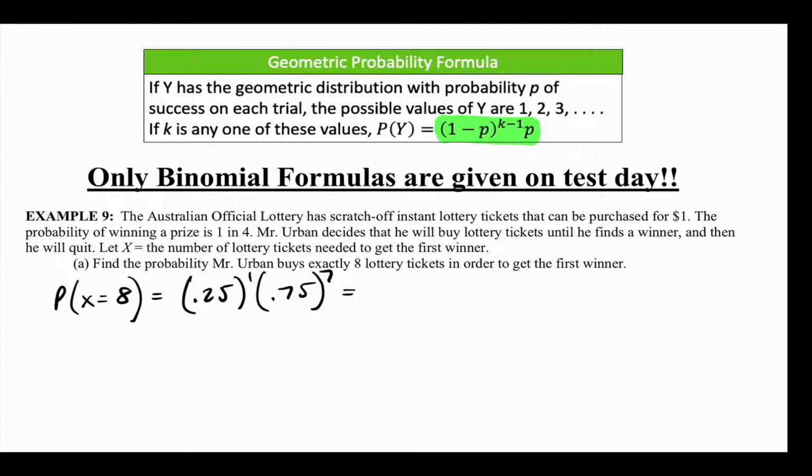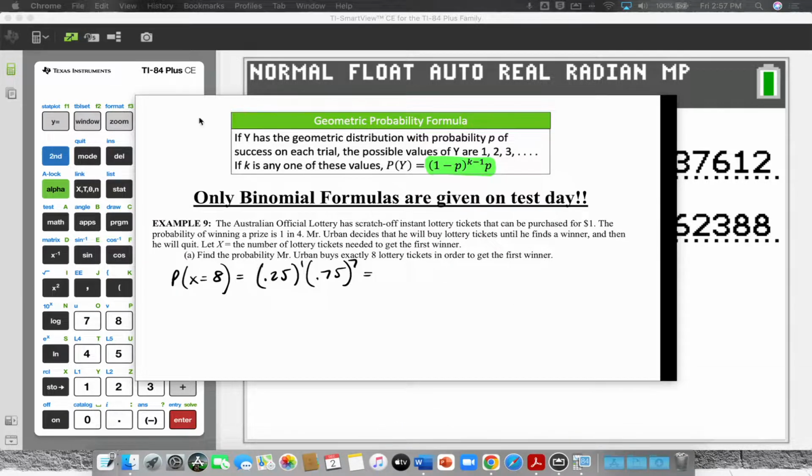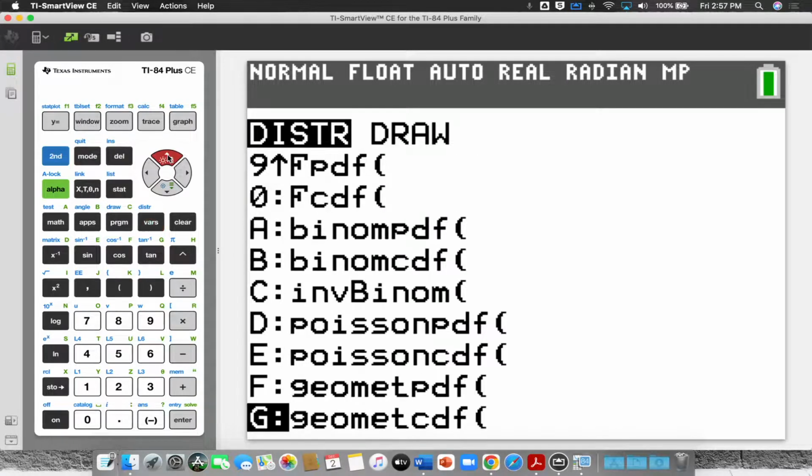So this, you don't even need a graphing calculator. Any calculator does these powers. But I'll show you on the calculator. We do have a geometric PDF and CDF as well. So if you go to your calculator, distribution, now instead of binom, we're going to go geomet for geometric.